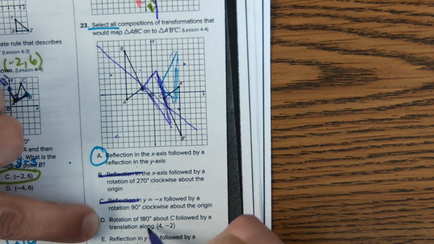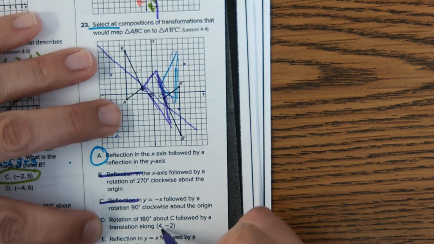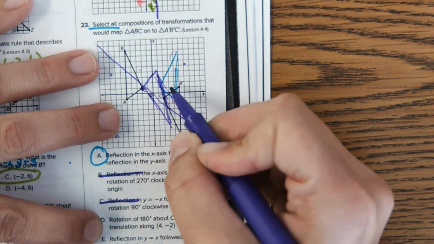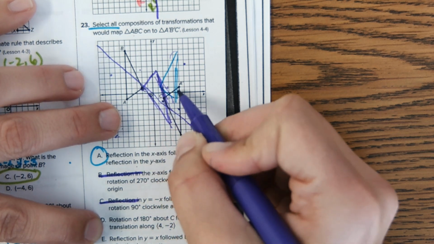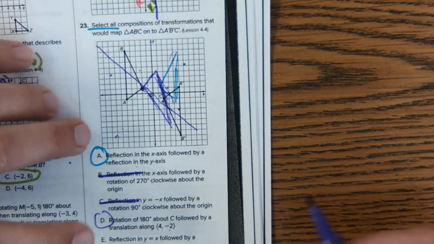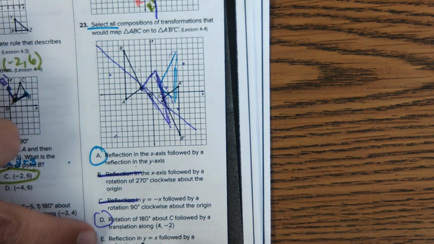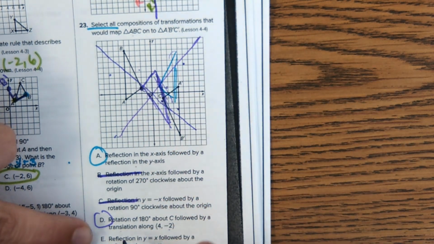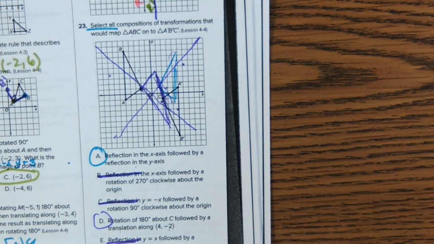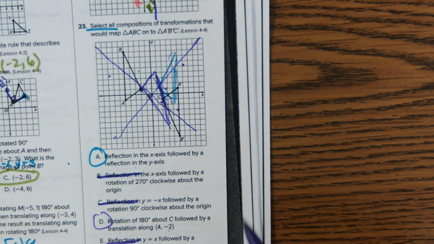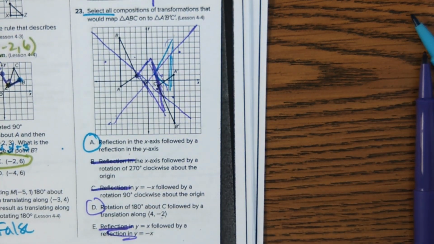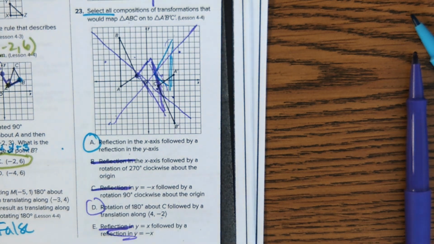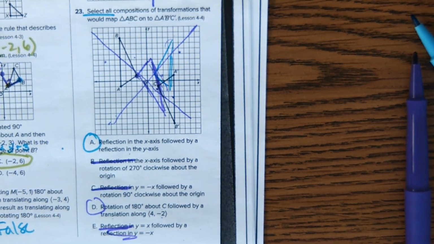And then it's saying translated x plus 4, y minus 2. That would actually put that on that shape. So that is correct. And then the next one, reflecting over here, and then, yeah, no. Okay, and then we're going to transition over to the pages in the back.